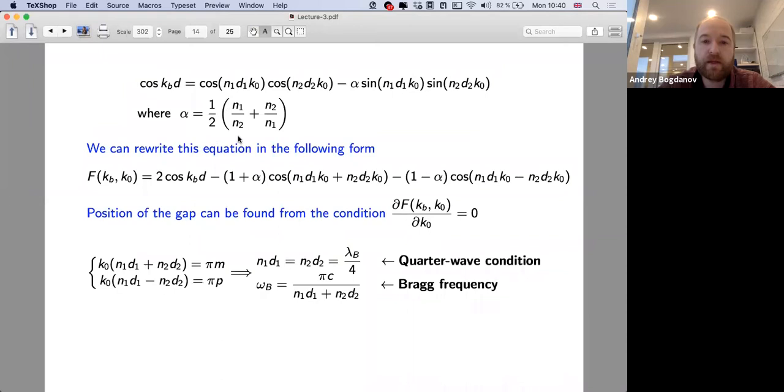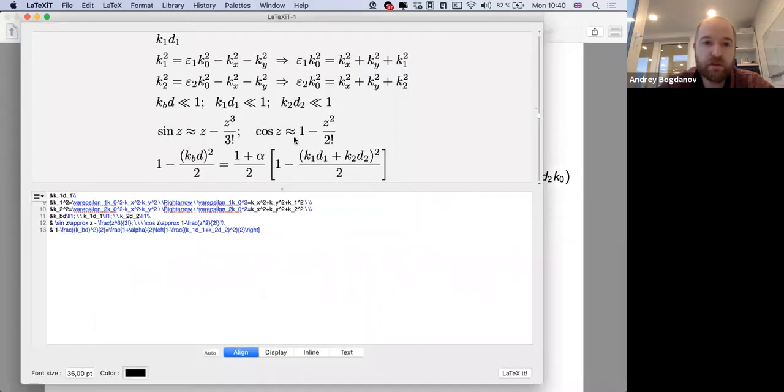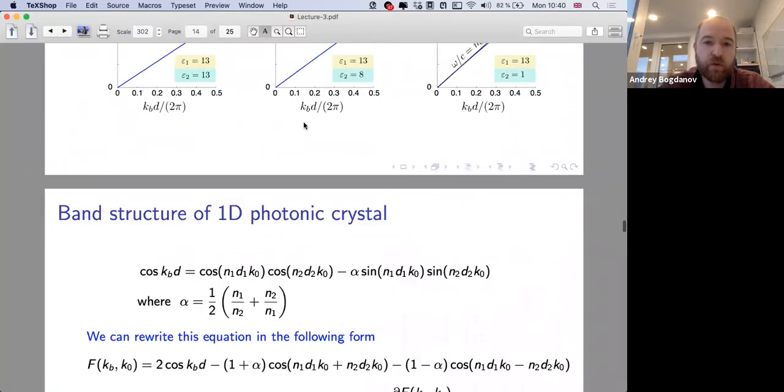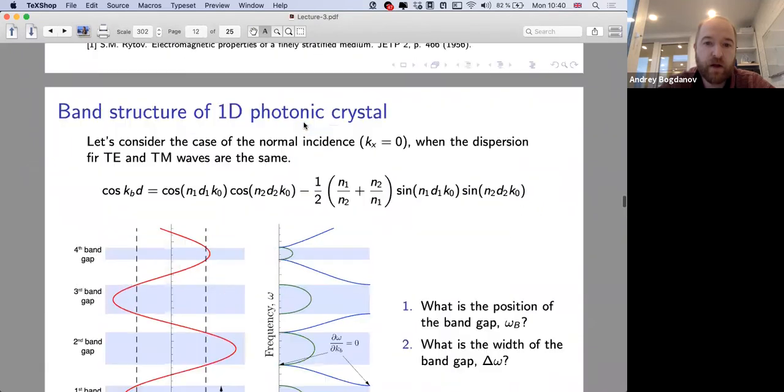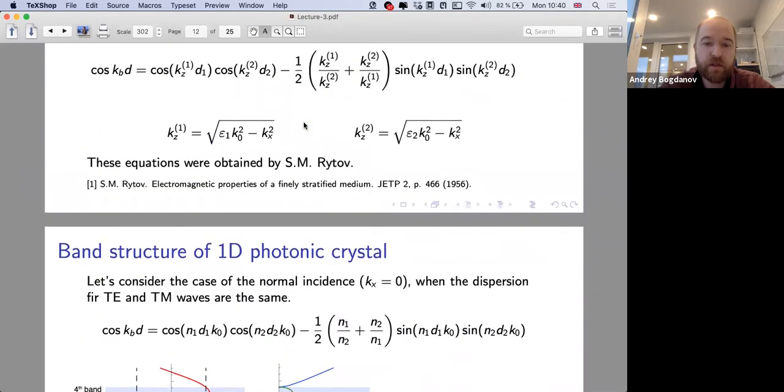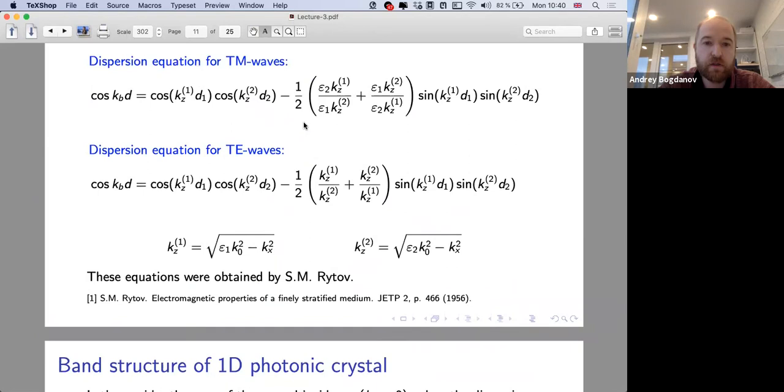But in my case, alpha is not so simple, because let me go back and have a look what alpha is. Let me consider maybe TM polarization. This is alpha, in my case 1 over 2 and this expression. Okay, this is alpha.